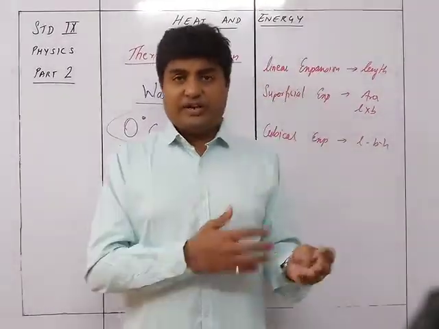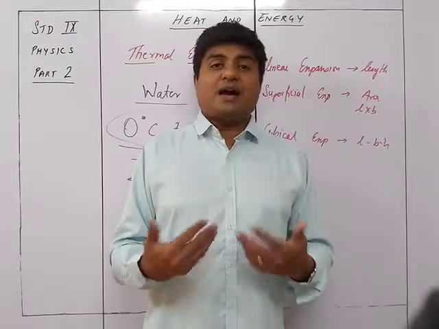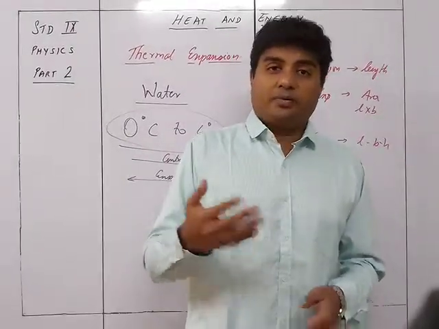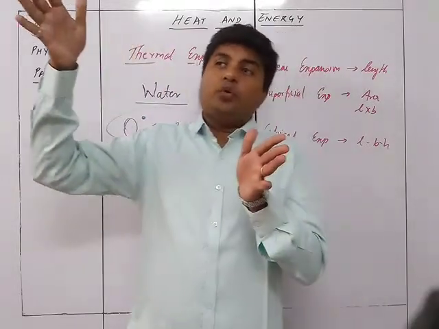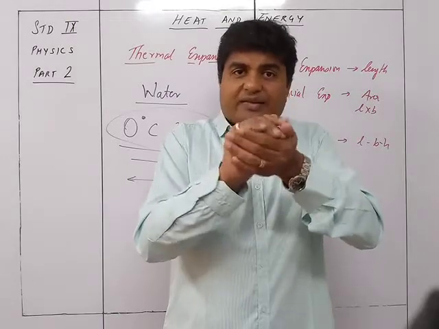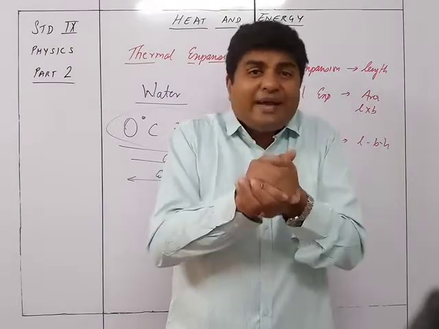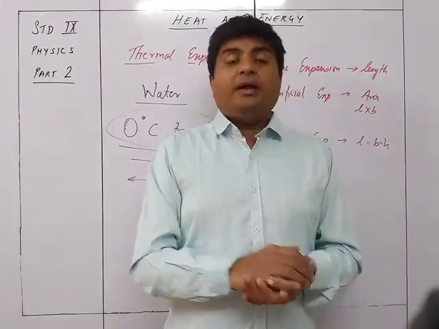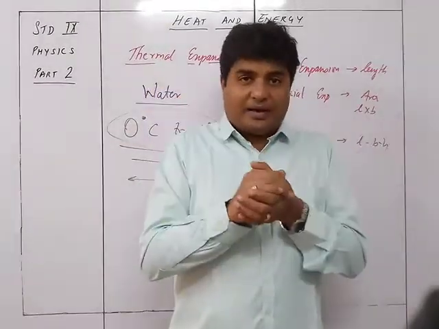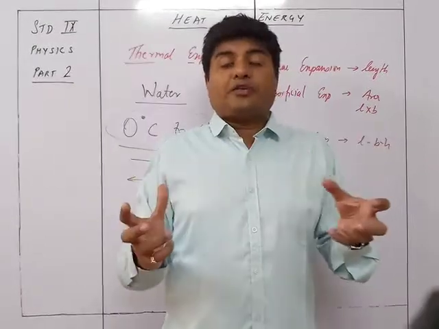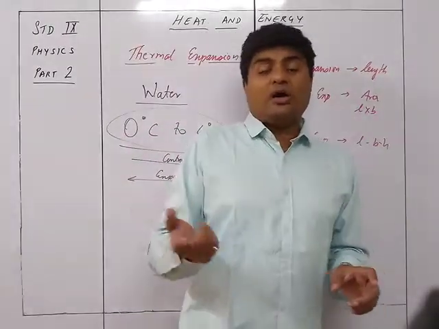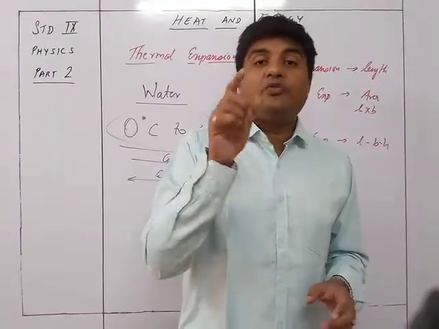See, we are learning flotation: whatever has lower density will float on top. So if you see water, when it cools down, it contracts, and when it contracts the volume decreases. If the volume decreases, its density is going to increase. But in case of water, what is happening? From 4 degrees to 0 degrees Celsius, instead of contracting, it is expanding. And because of the expansion, the density of ice becomes less than that of water, and hence ice is able to float on water.